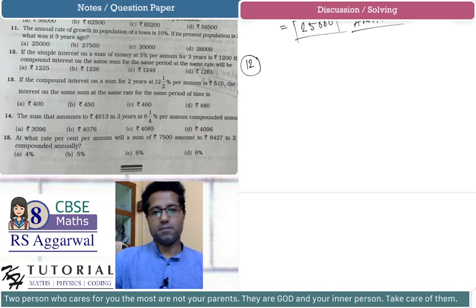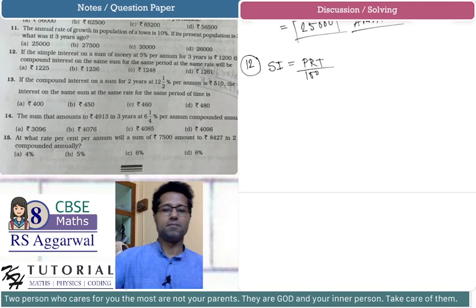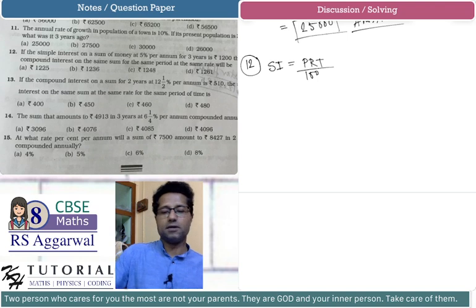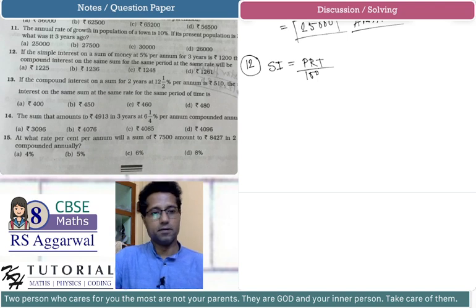We know the formula for simple interest is P R T by 100, where P is the principal, R is the rate of simple interest per annum, and T is the time period.